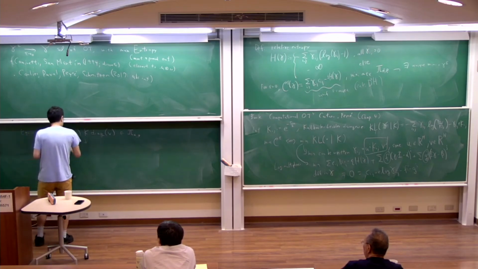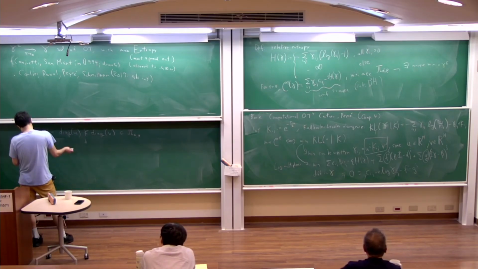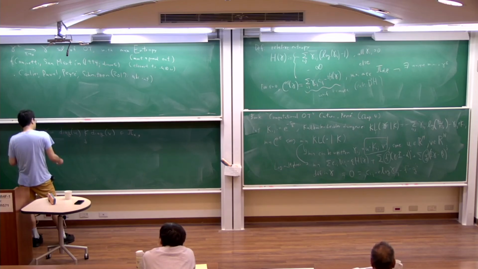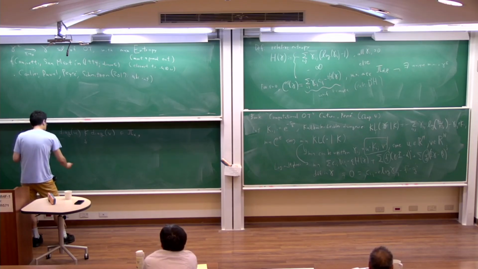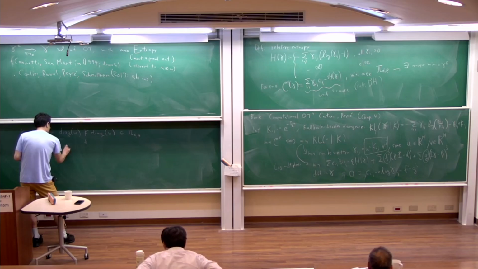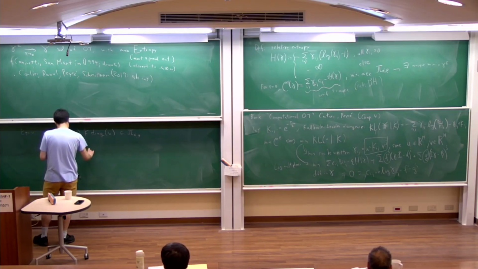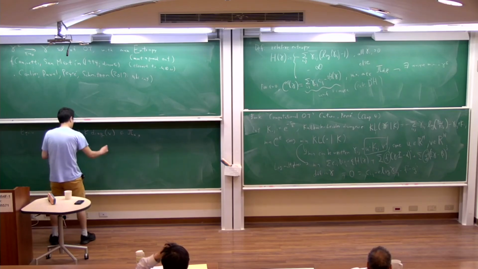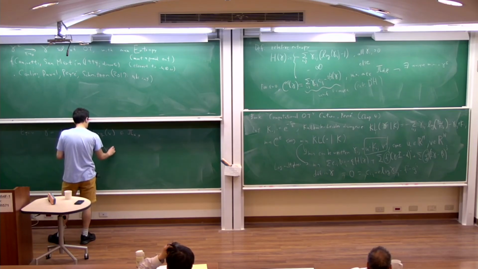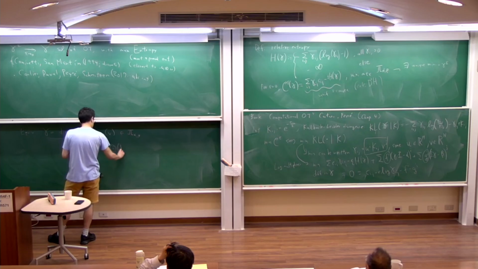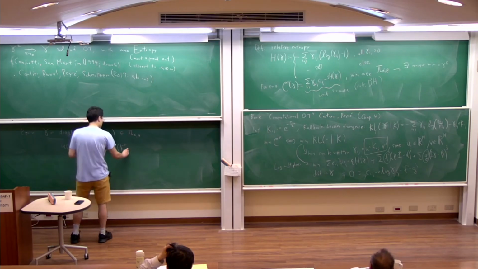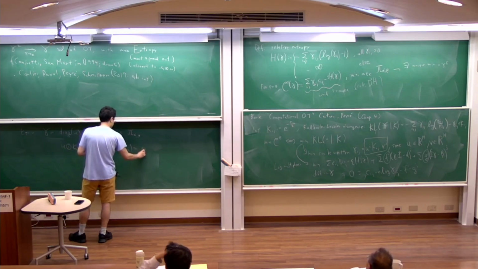So you can rewrite these two marginal conditions as the following. So let me use this notation: u ⊙ Kv equals α, and v ⊙ Kᵀu equals β.